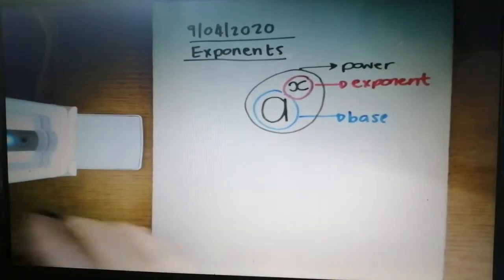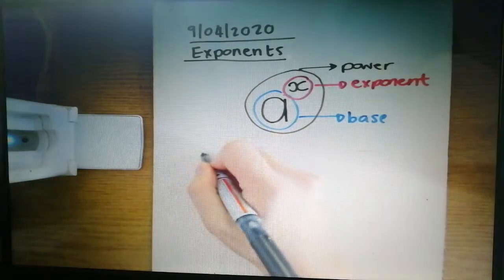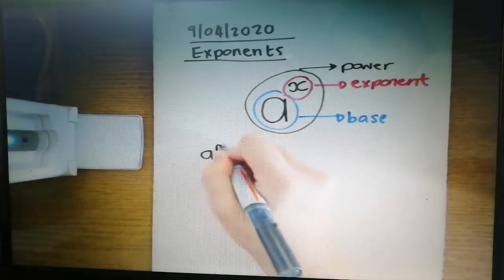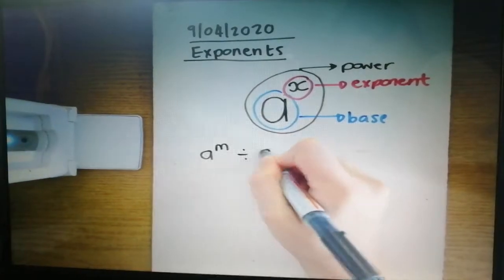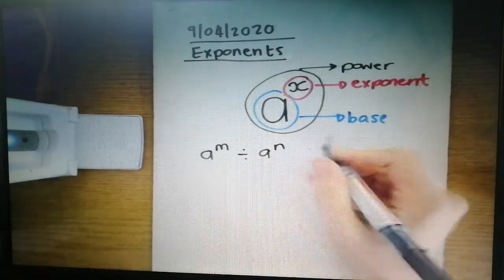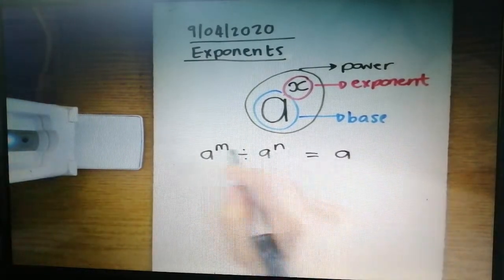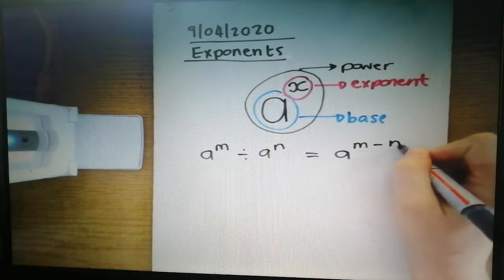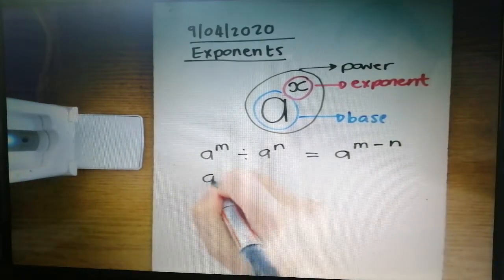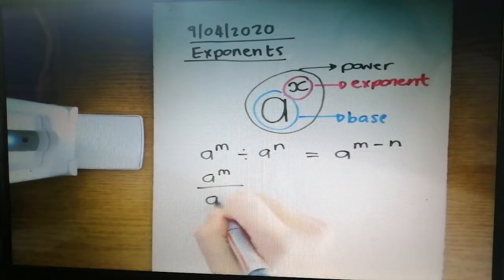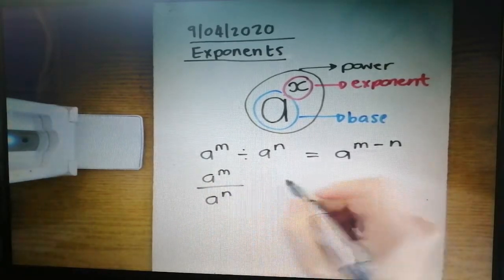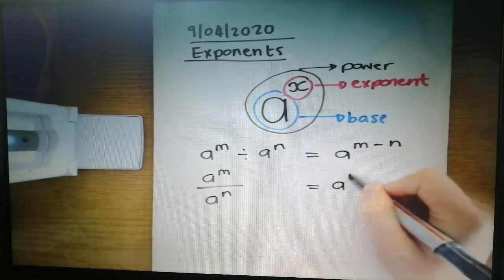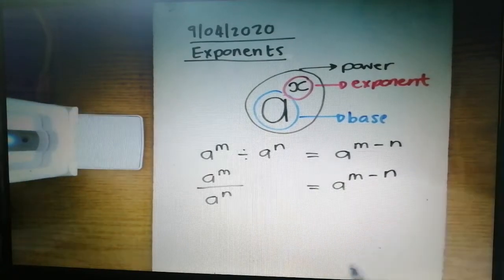The second law is when I divide like bases. So I have a to the power of m divided by a to the power of n. Same base, so you keep the base and you subtract the exponents, m minus n. It can also look like this, remember? That's also division, and you would say a to the power of m minus n.